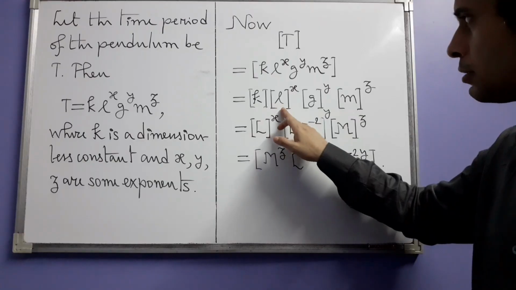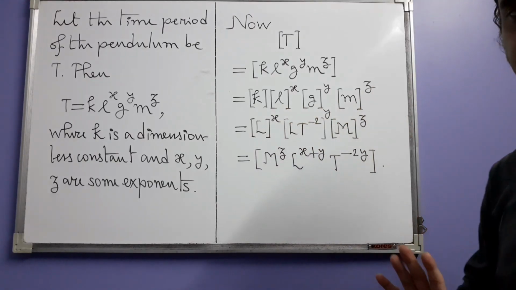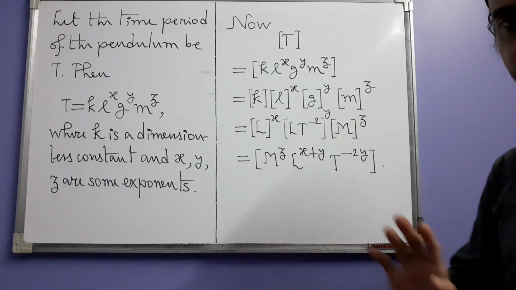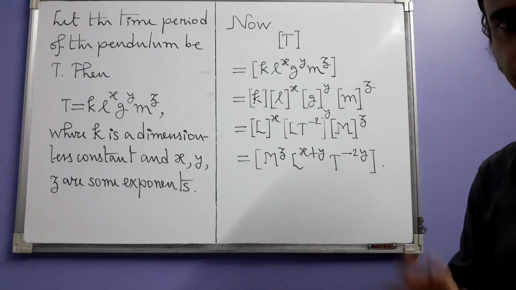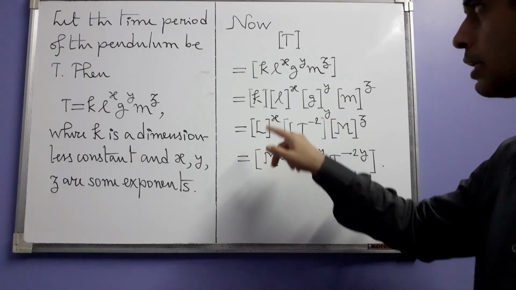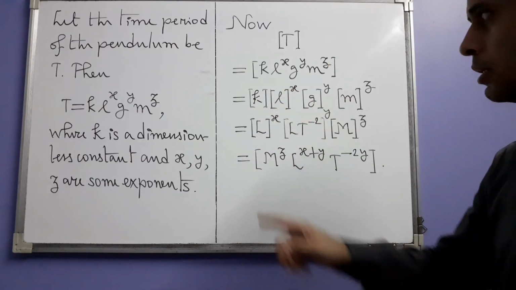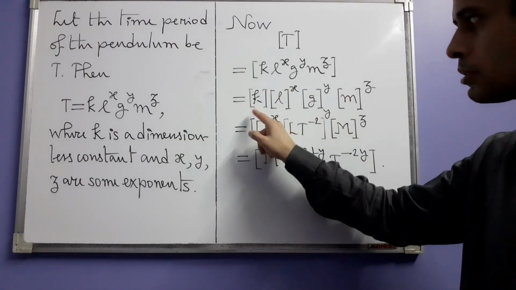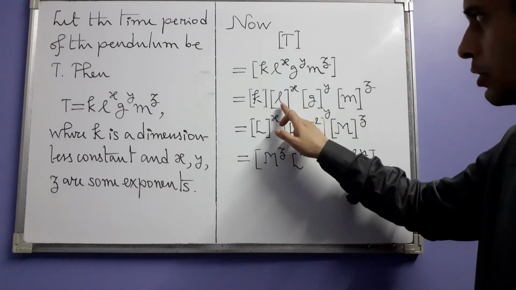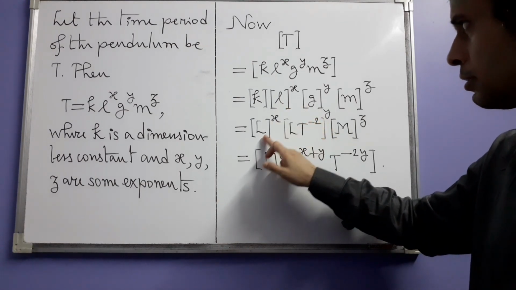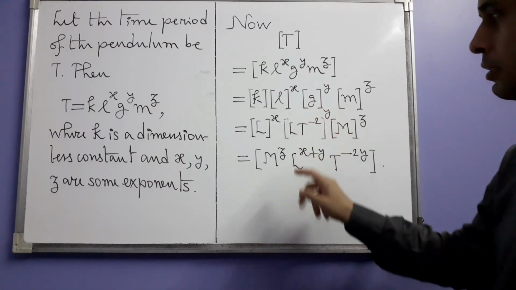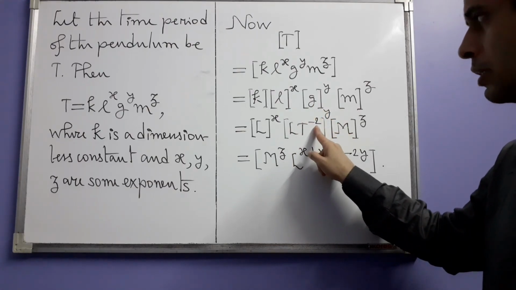So you can calculate their individual dimensions, take their corresponding powers with exponents x, y and z, and then multiply these things, and that will give you this dimension. Because k is dimensionless, you can just simply forget about it. The dimension of length is L. The dimension of acceleration due to gravity, because it is acceleration, is L T to the power minus 2.